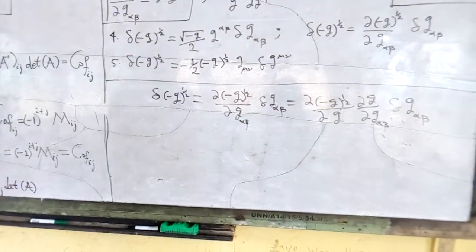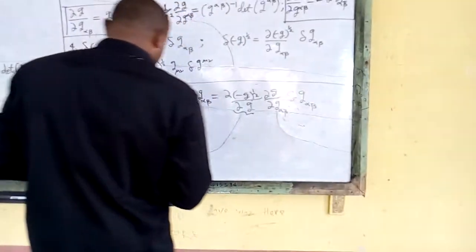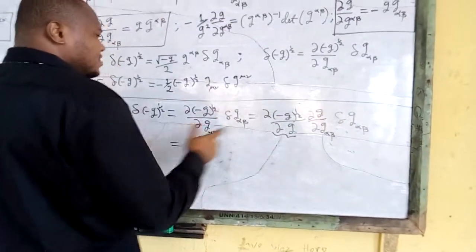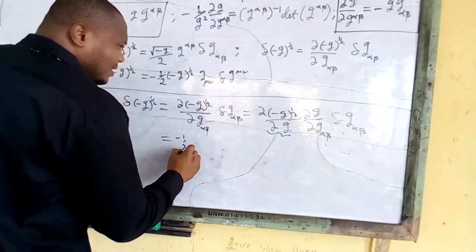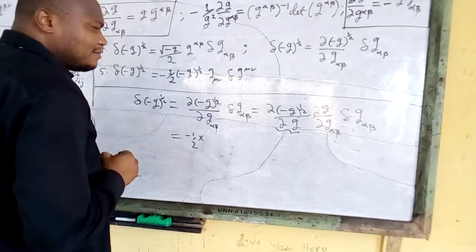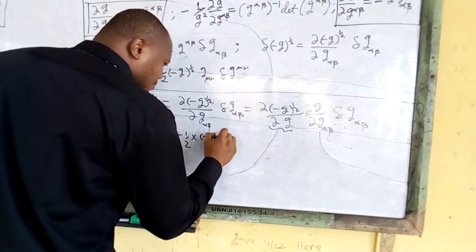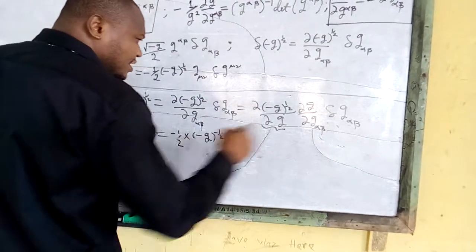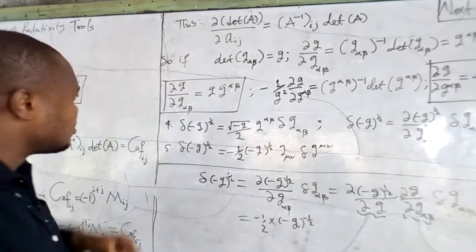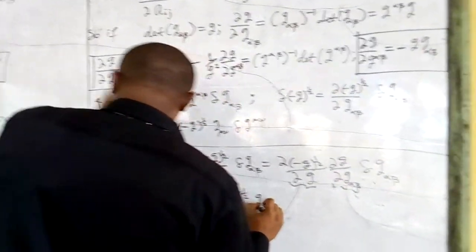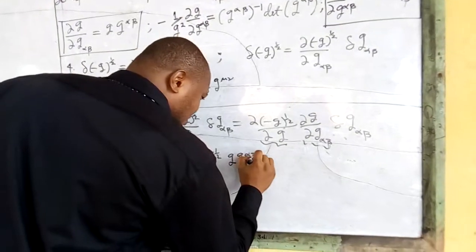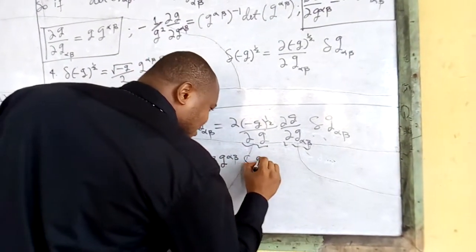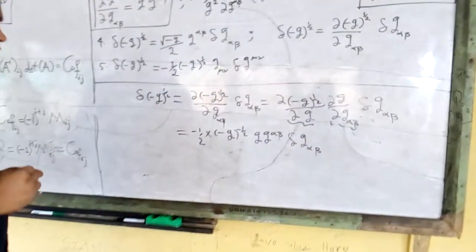Okay, now in this case, of course, we know what this could give us. This is the same thing as some minus half, here I have times minus g raised to power minus half. And then also, we are going to be left here with the product that we have already shown from matrices. So this is going to give us g superscript, or contravariant indices. And that is what we have.